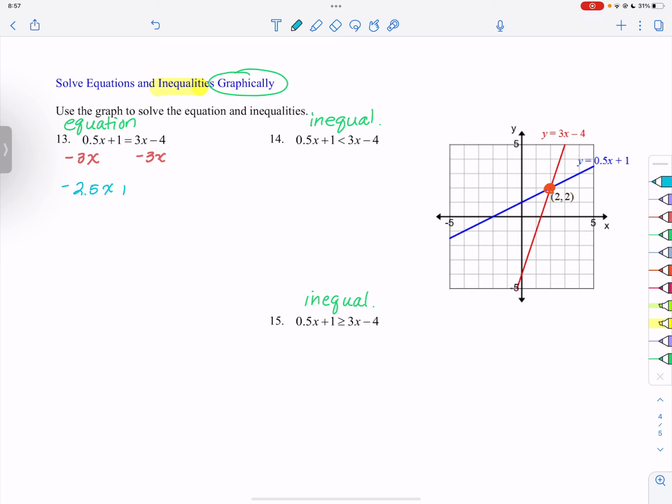And then we still have that plus 1 equals a negative 4. We're going to subtract 1, and we end up with negative 2.5x equals a negative 5. We're going to divide both sides by a negative 2.5.